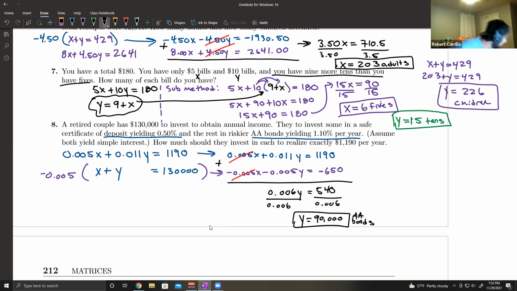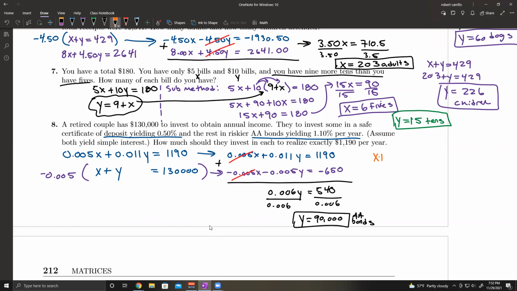Which means how much have they put into the certificate of deposit? $130,000 minus $90,000 is $40,000.